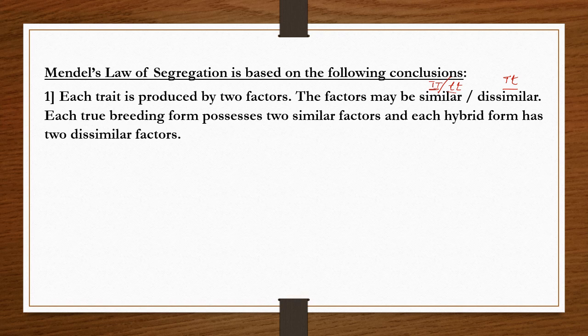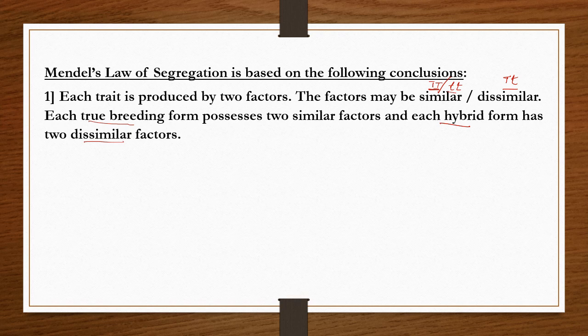Already we said true breed is nothing but homozygous, that means it consists of similar factors, either capital T or small t. And each hybrid form has two dissimilar factors, that is capital T and small t.